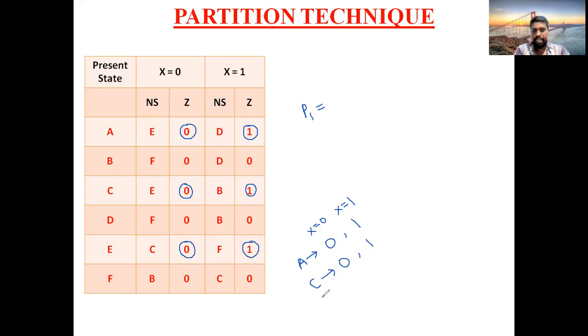State E also has 0 comma 1 as the outputs. So A comma C comma E are the states which perform the same output values under two different input conditions.